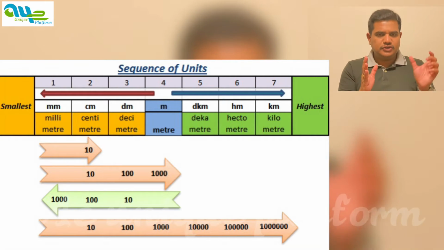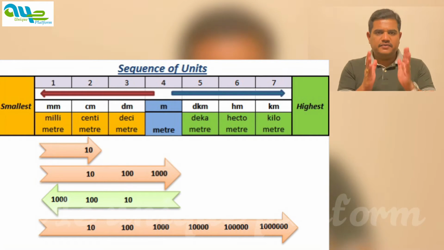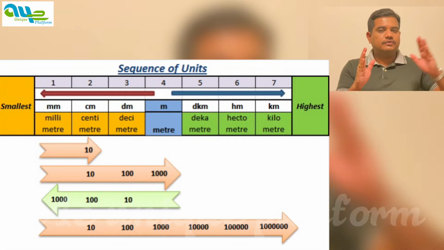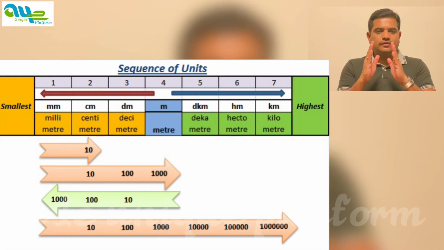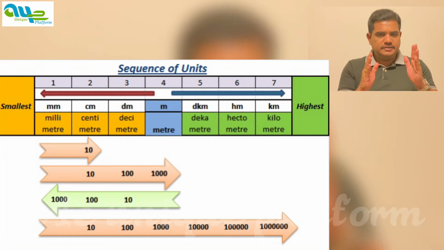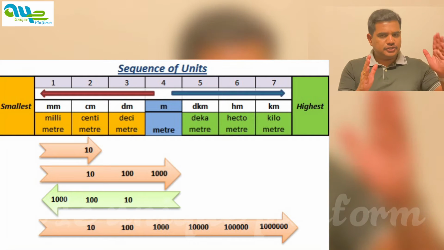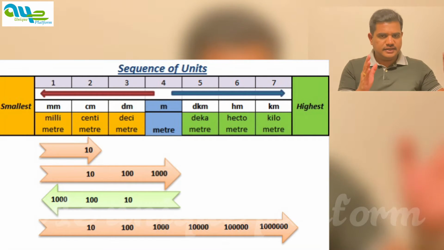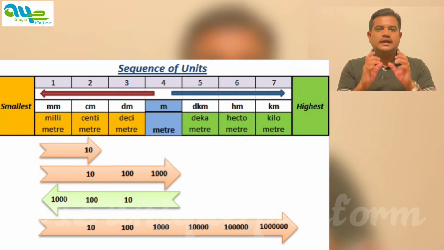So there are 3 zeros you need to use. The number you need to use is 1000. The same way, if you go in reverse from meter to millimeter, that is the fourth position meter to the first position millimeter, for third position decimeter 10, for second position centimeter 10, and for millimeter the first position another 0. Again you need to use the number 1000.